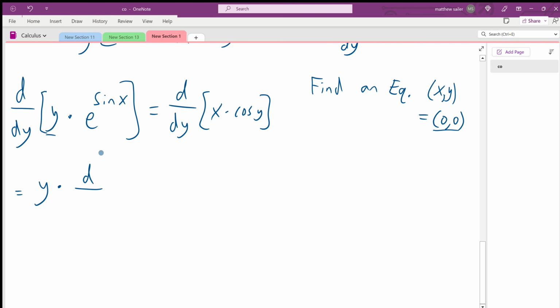So for now, because we're going to have to do another rule here to solve this, I'm going to write this for now. So we have the first times the derivative of the second plus the second times the derivative of the first. And we are taking the derivative with respect to y.